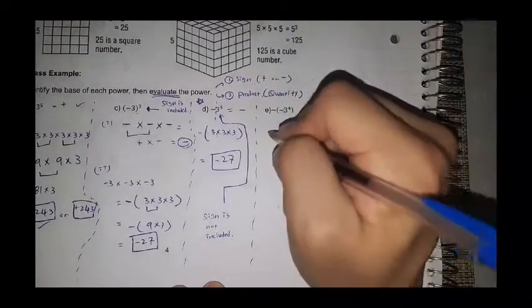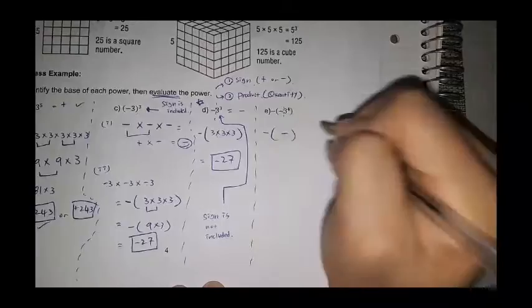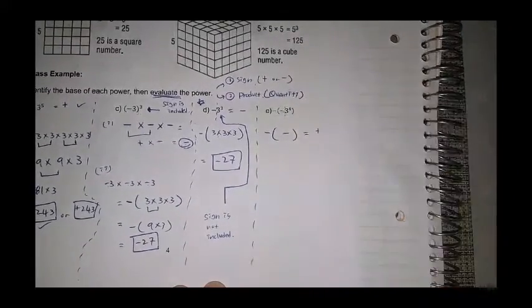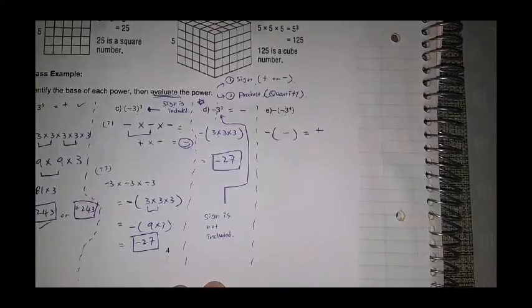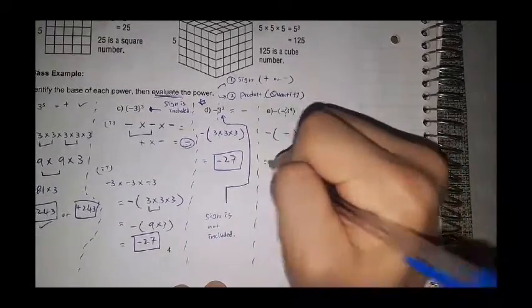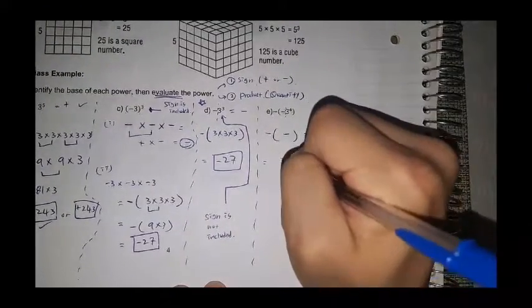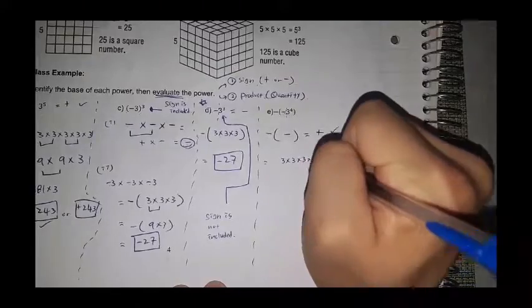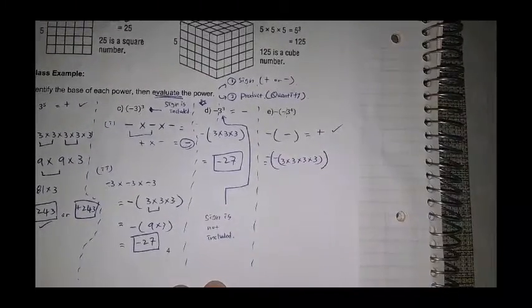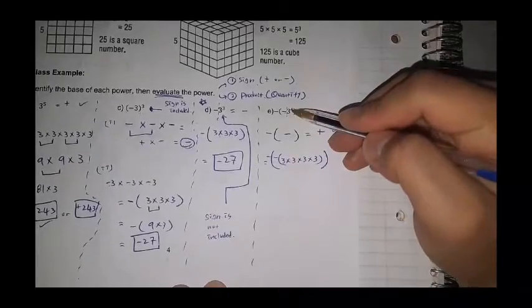If you have a negative outside and a negative inside, that's a double negative. That means everything will turn into positive. This is my first step, identifying the sign. Once that is done, here's what you need to do: 3 times 3 times 3 times 3, negative, negative. That's basically what this situation looks like.